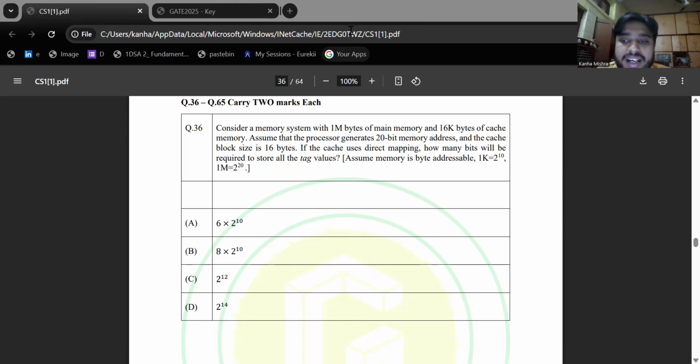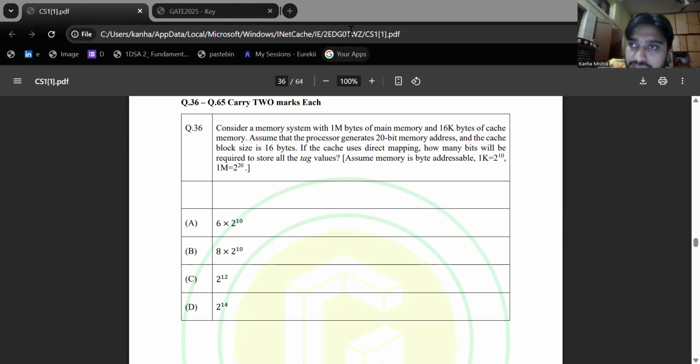What is tag? Tag identifies the block from memory. Index identifies which block in the cache. And offset chooses the byte within the cache block.